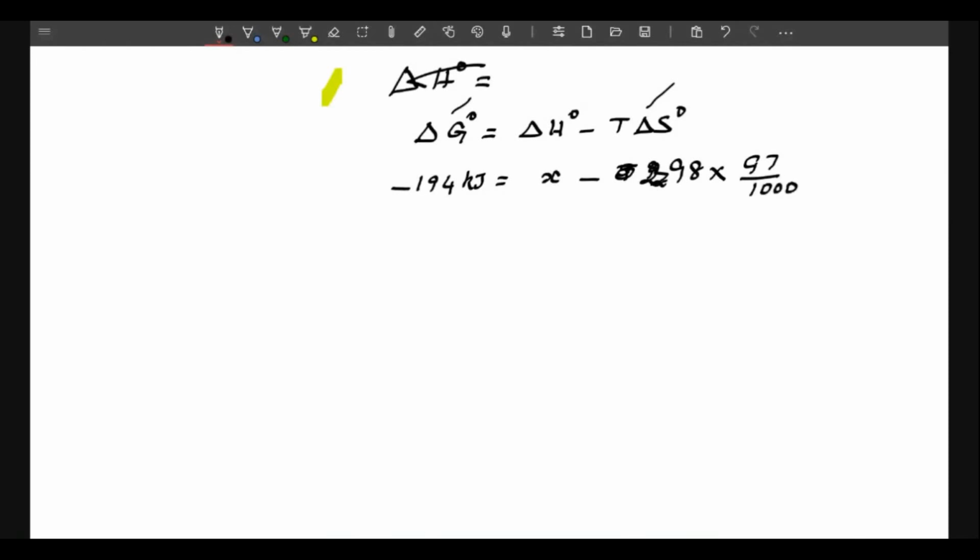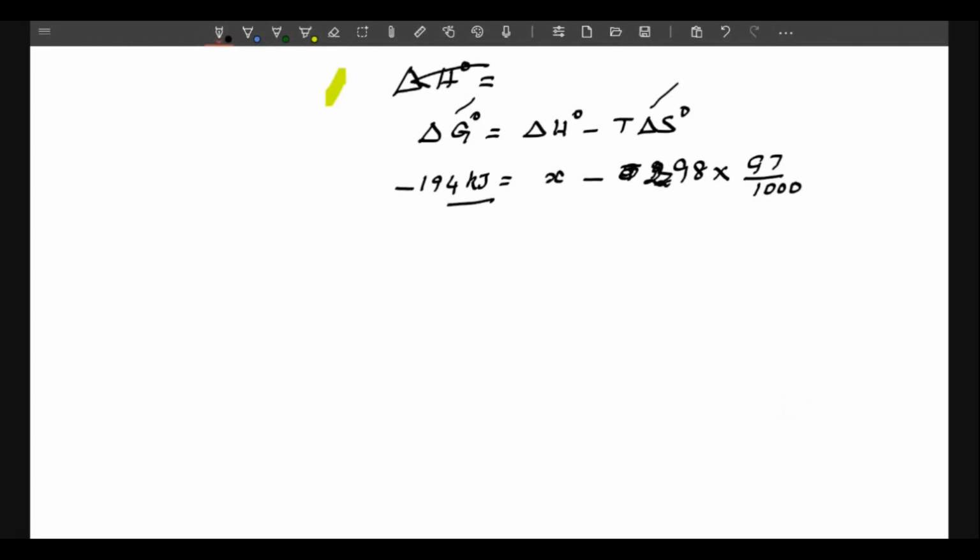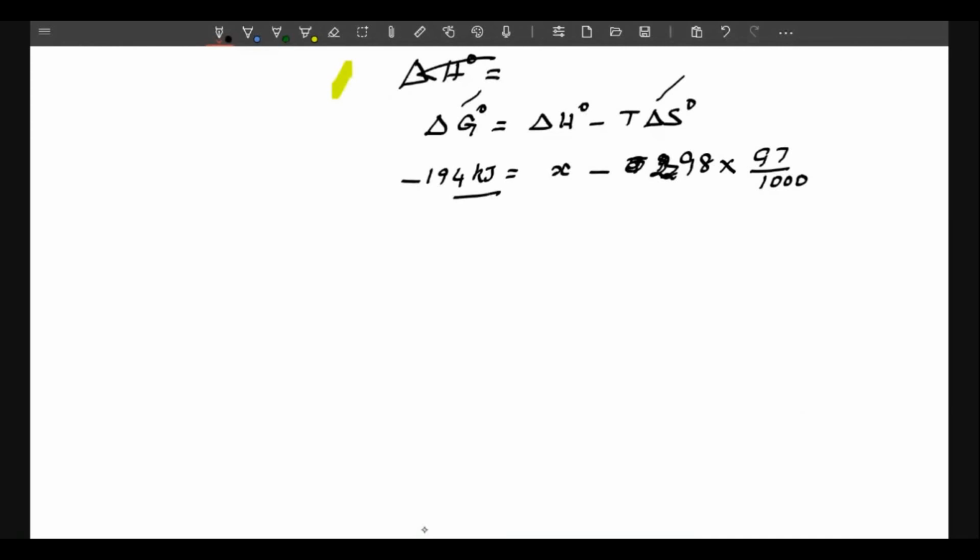Why have we given 97 divided by 1000? Anybody? It is joule converted into kilojoule. Here delta G is in kilojoule, therefore joule should be converted. Here you may make an error.